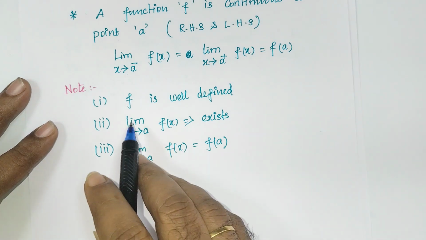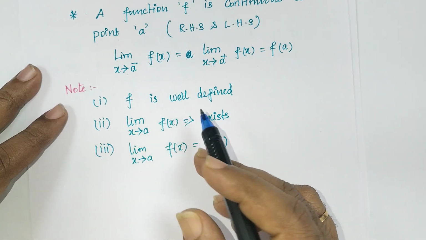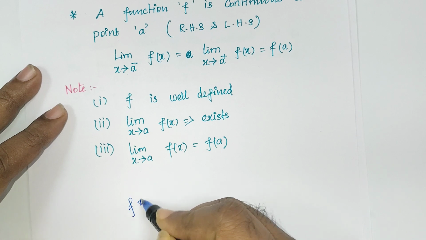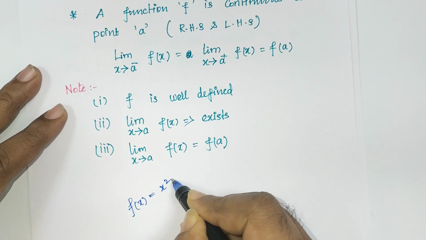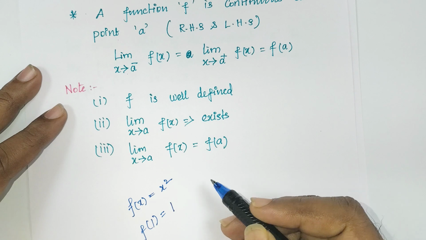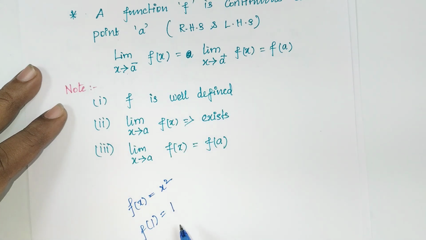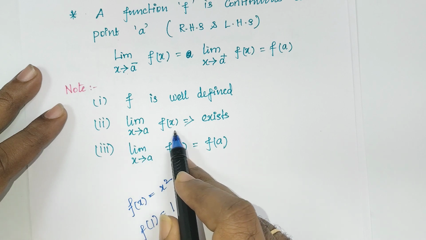Otherwise, how do we identify whether your function is continuous? Just see the first condition: f is well defined. For example, if you have x square and I take x equal to 1, I get the function value 1, so the function f is well defined. The second condition is that limit x tends to a, f of x exists.